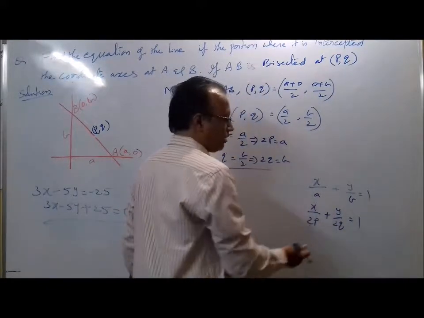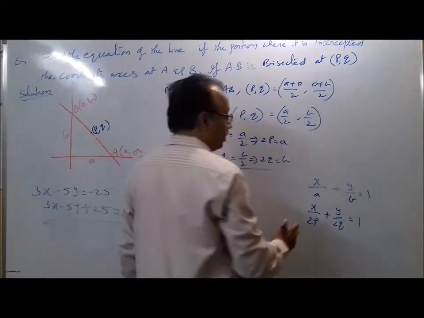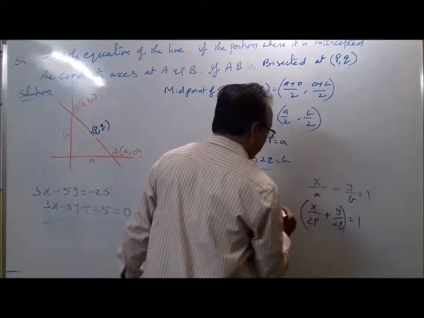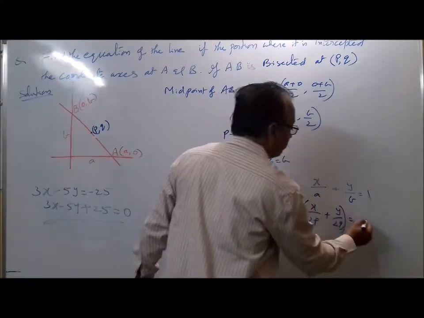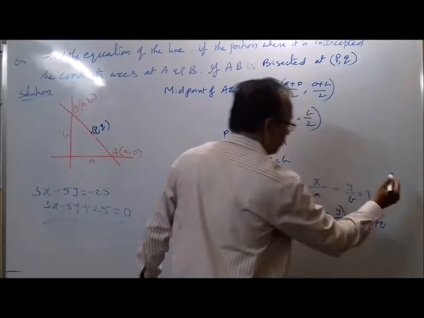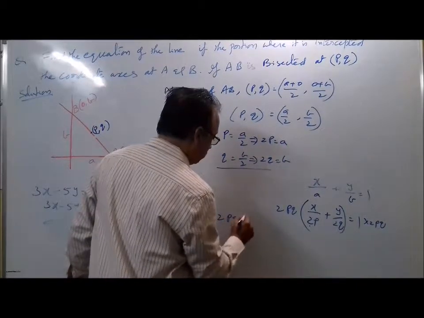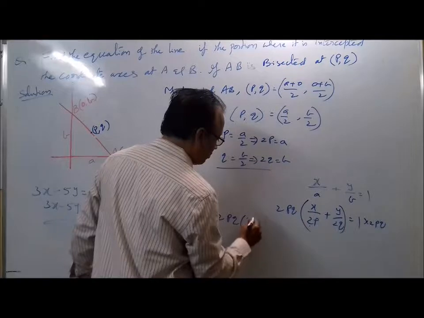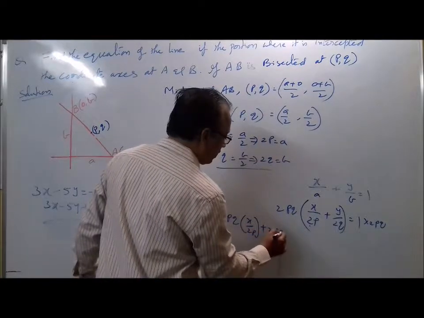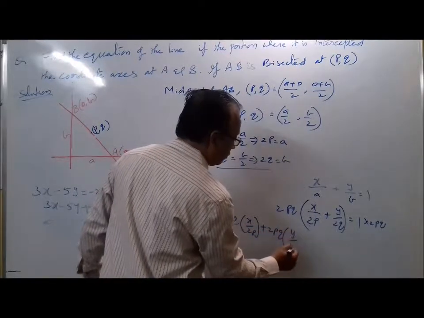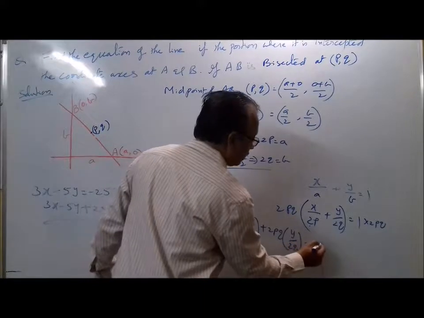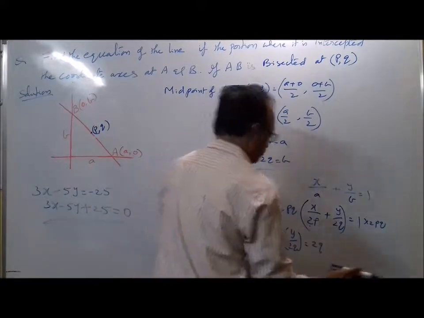Multiply with LCM 2pq: 2pq into x by 2p plus 2pq into y by 2q is equal to 1 into 2pq.